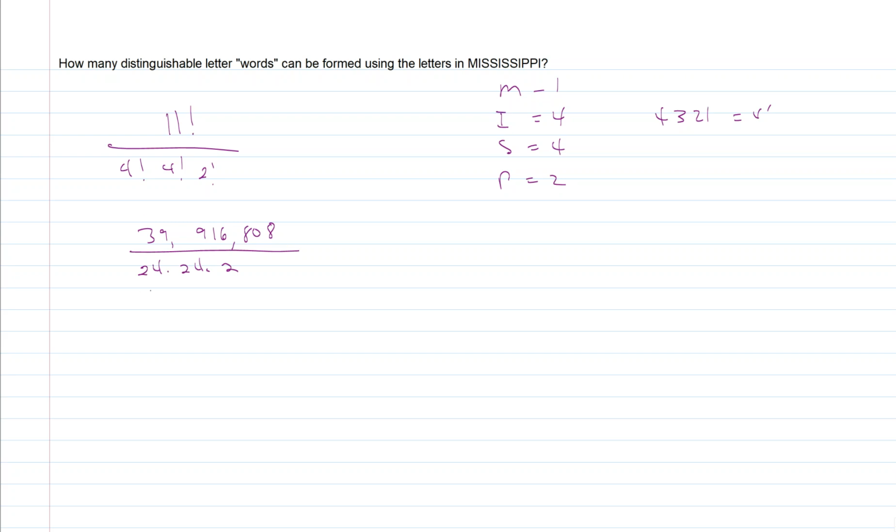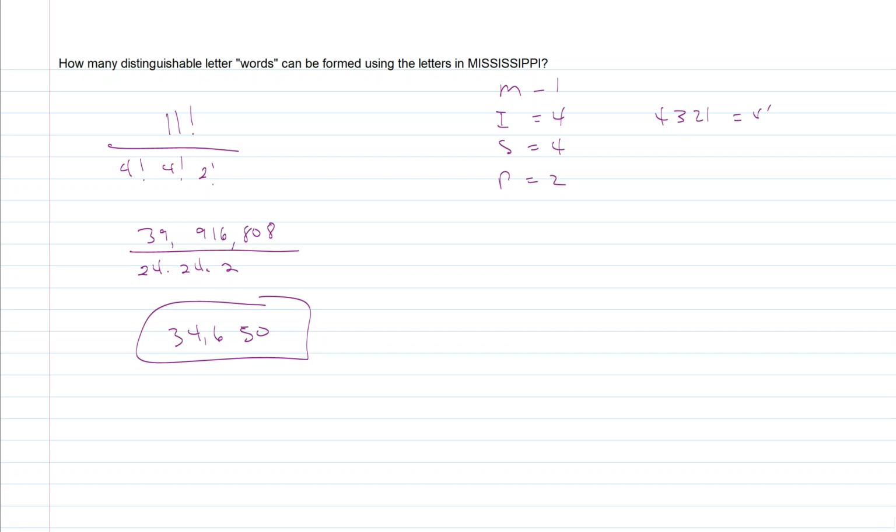So again, you can multiply those out first, or just divide each time by those, and you should get 34,650. So 34,650 distinguishable words.